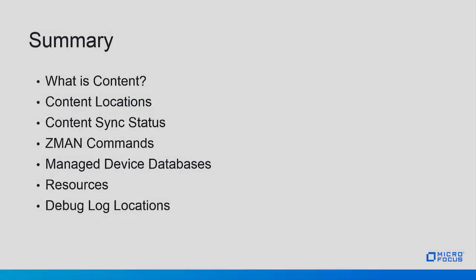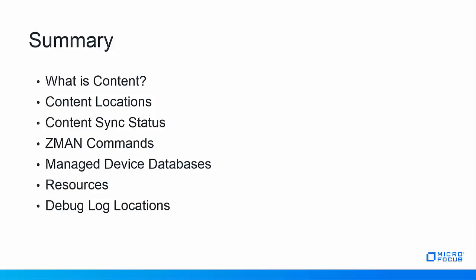Hopefully this gives a better idea how to locate content of objects in ZCC. We covered what content is and the physical locations on the primary server, the content sync status on the individual primary server in relation to the database. We've covered the new ZCM Commands in 2017 Update 2 that allows us information without having to dig in the database.